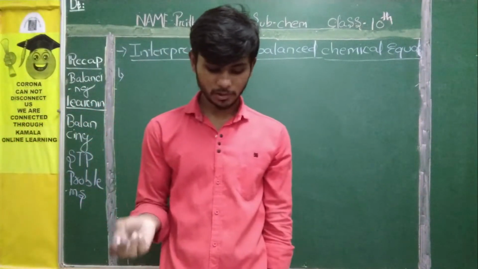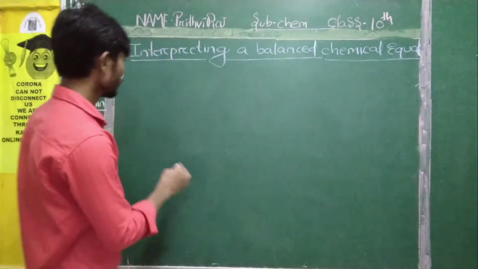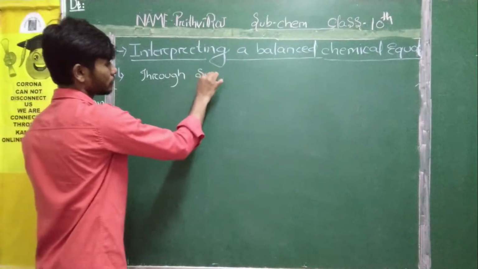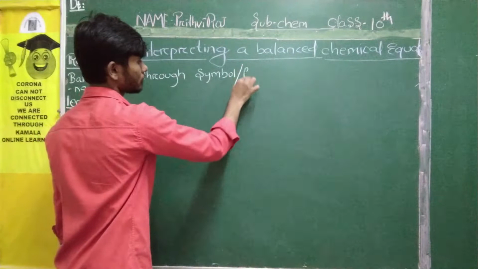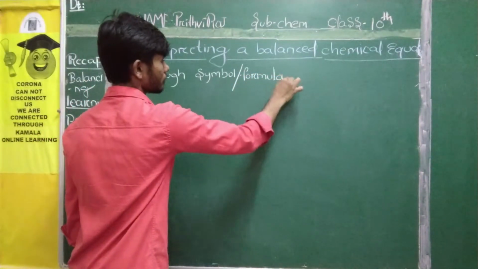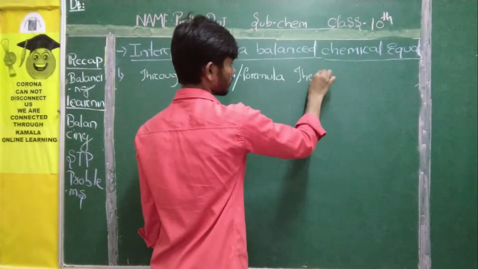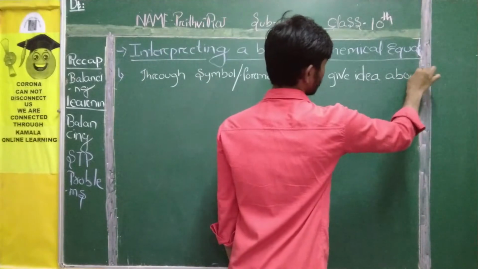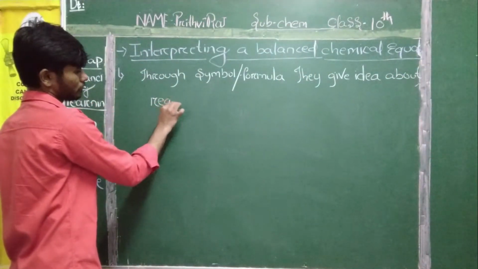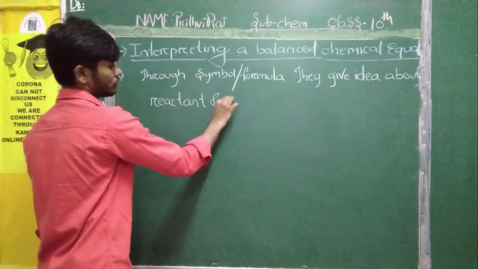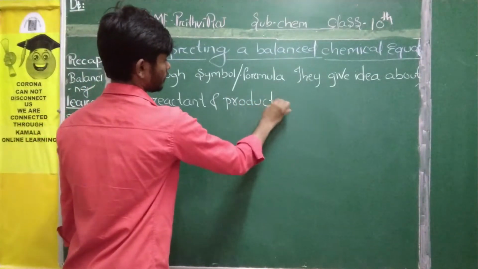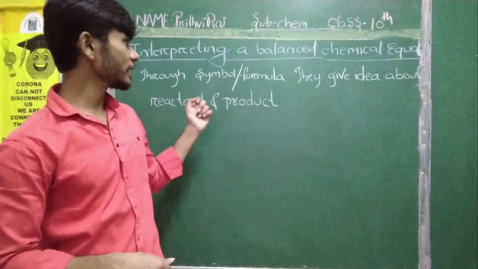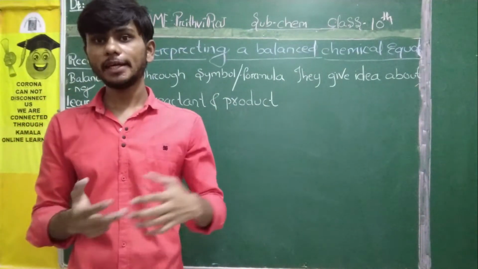A chemical equation gives information about the reactants and products through their symbols and formulas. Students, through the symbols and formulas they give an idea about reactants used and products formed in a chemical reaction.